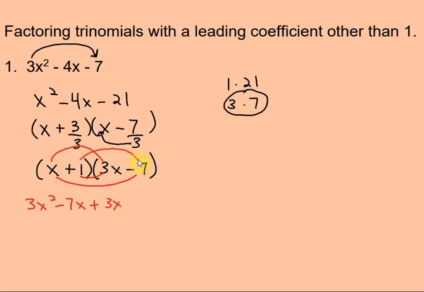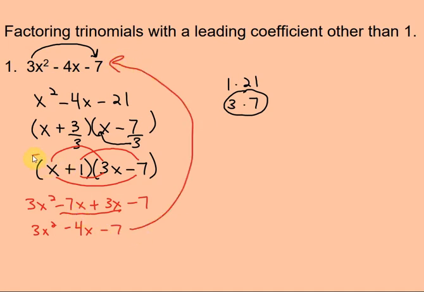And then my last 2 would be a negative 7. If I combine my two middle terms, my two like terms, I get 3x squared, a negative 4x, minus 7, and that's what I started with. So I know that this right here is correct.